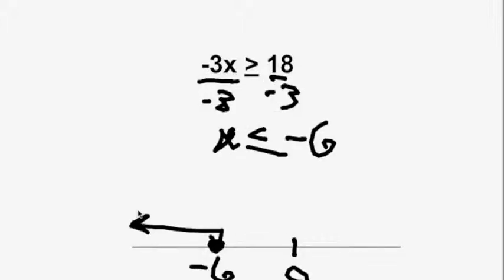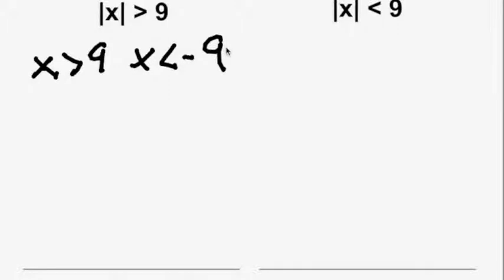So an interesting thing occurs when you have absolute value signs. So the absolute value of x is greater than 9. That means that either x is greater than 9 or x is less than negative 9. Because imagine you had a number of, say, x equals negative 10.